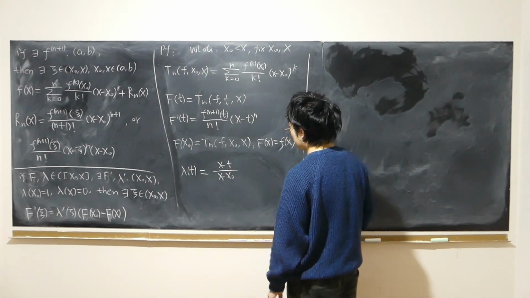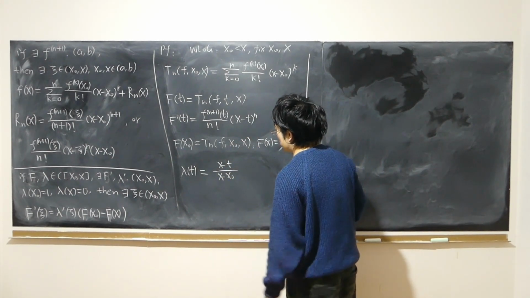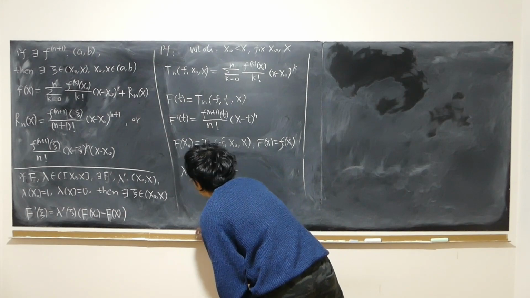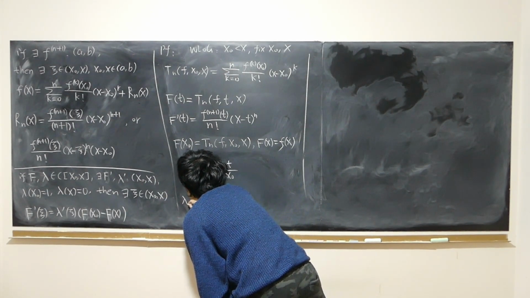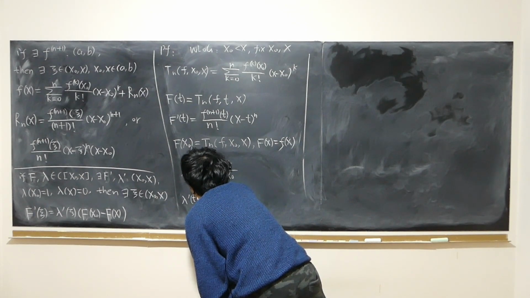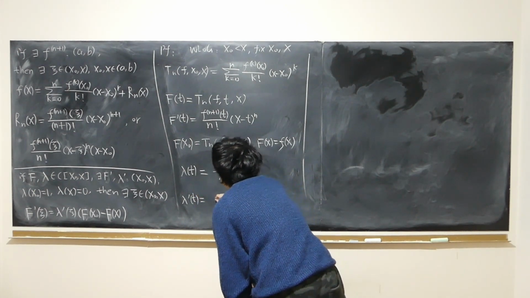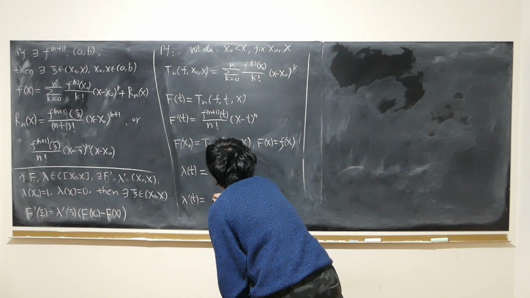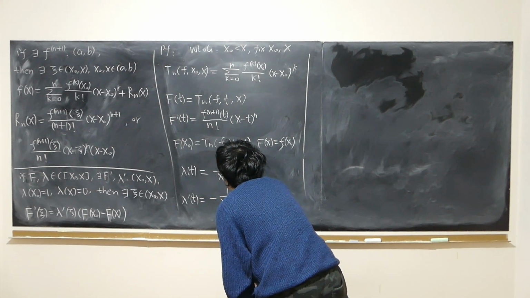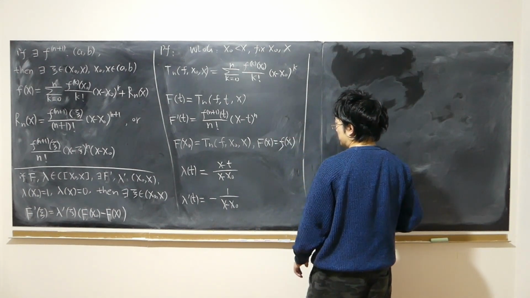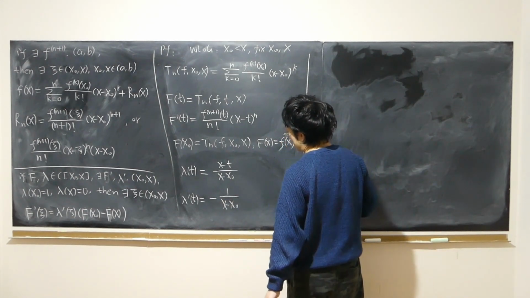Let's verify whether lambda of t satisfies the conditions. Lambda prime of t is minus 1 over x minus x naught, treating x as a constant.